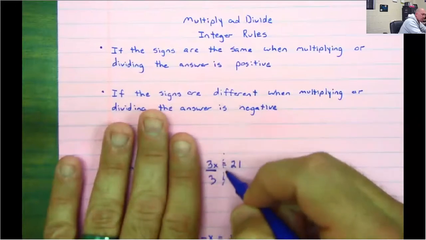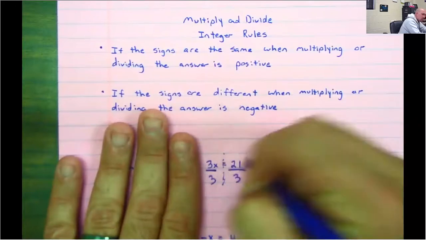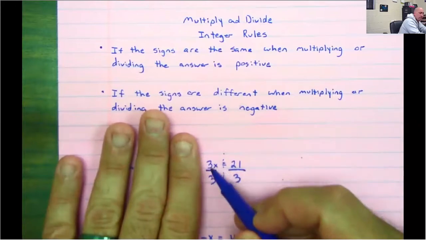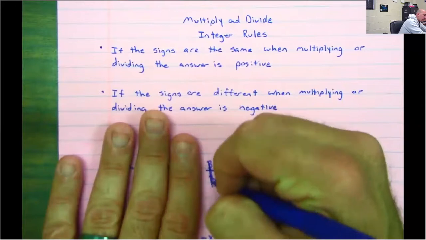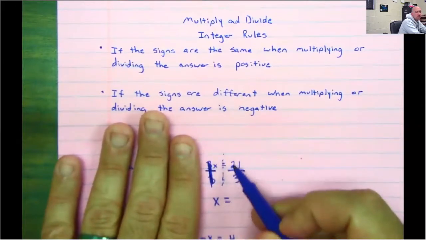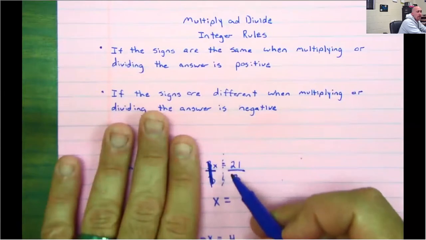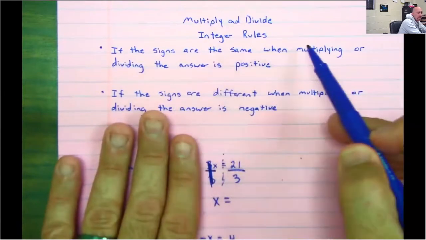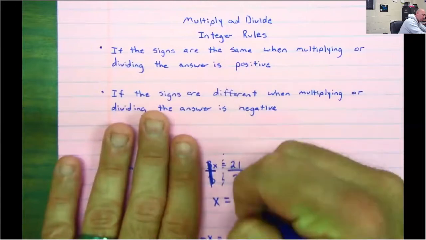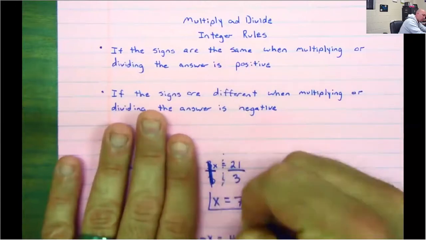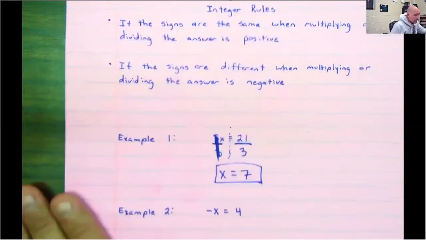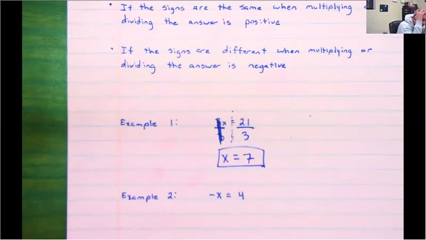Again, what you do to one side of the equal sign, do to the other. So look at that. It's a mirror reflection. 3 divided by 3 leaves you just with x. Hey guys, look at this. The signs are the same. When multiplying or dividing, if the signs are the same, the answer is positive. So 21 divided by 3 is 7. That is literally it.